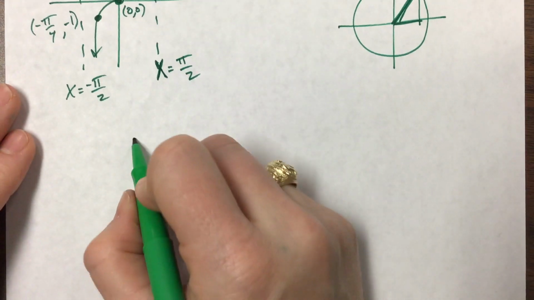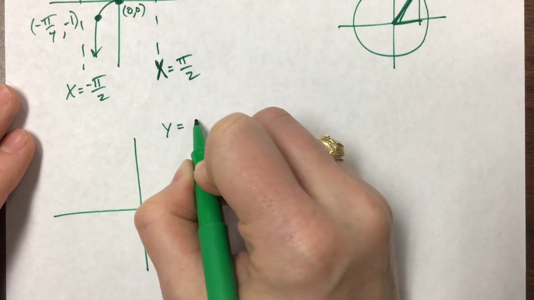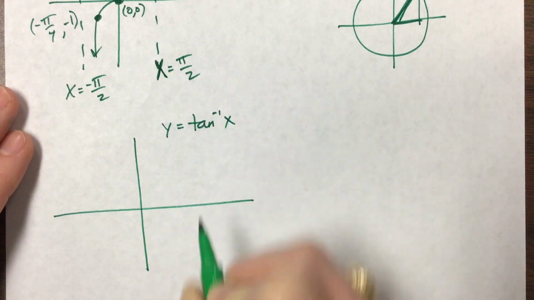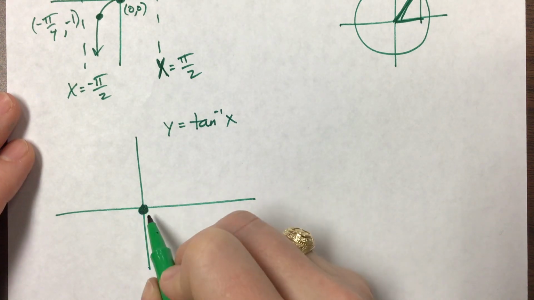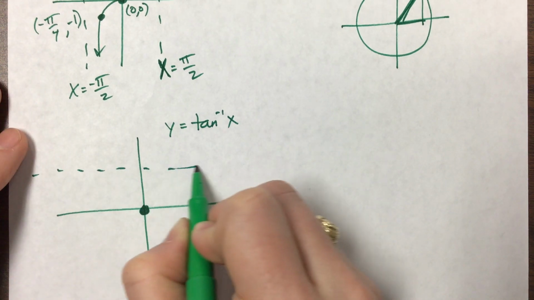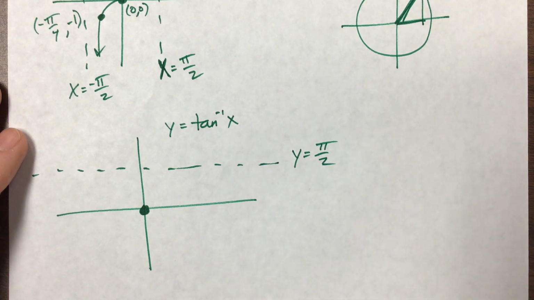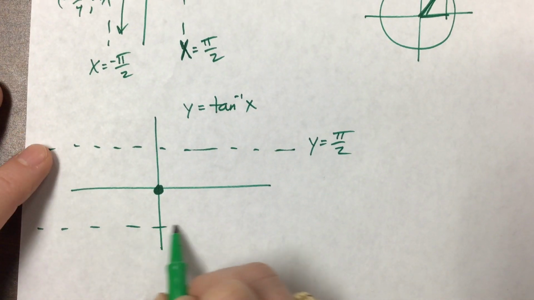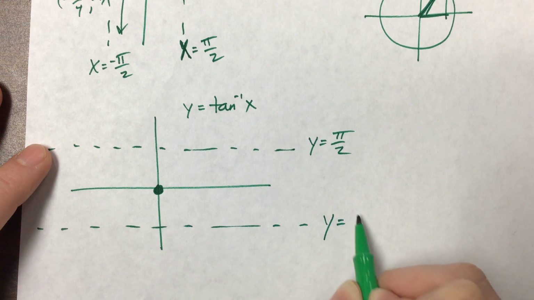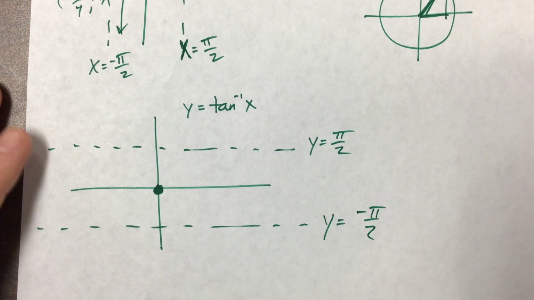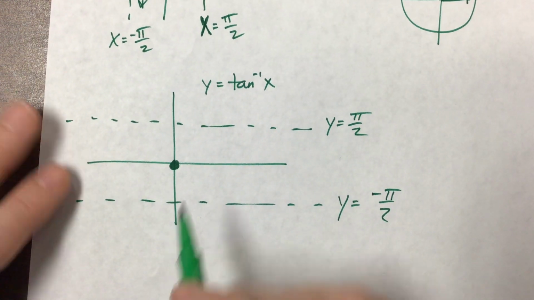So what we will do for the inverse, y equals inverse tangent of x, we're still going to have 0, 0. Instead of an asymptote at x equals pi over 2, we now have an asymptote at y equals pi over 2. Instead of an asymptote at x equals negative pi over 2, we now have an asymptote at y equals negative pi over 2.